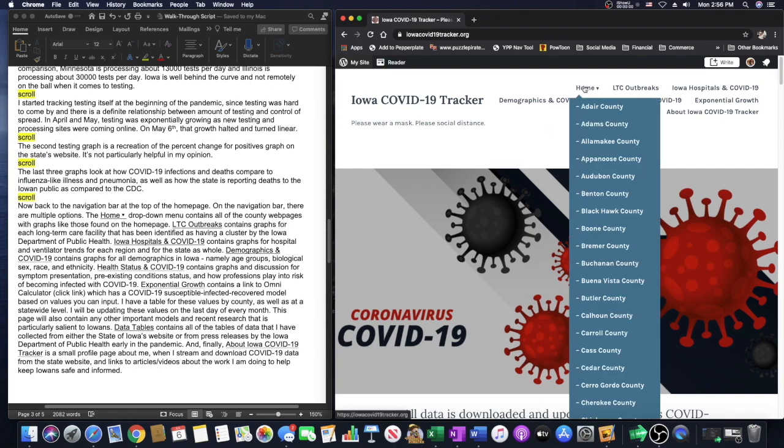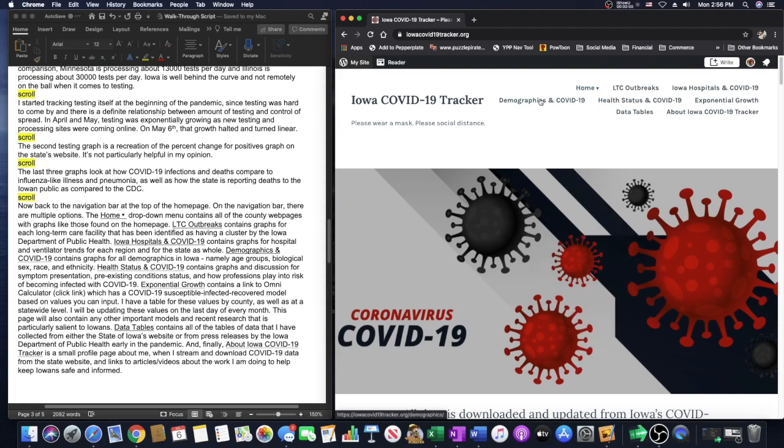The home drop-down menu contains all of the county web pages with graphs like those found on the homepage. LTC Outbreaks contains graphs for each long-term care facility that has been identified as having a cluster by the Iowa Department of Public Health. Iowa Hospitals and COVID-19 contains graphs for hospital and ventilator trends for each region and for the state as a whole.